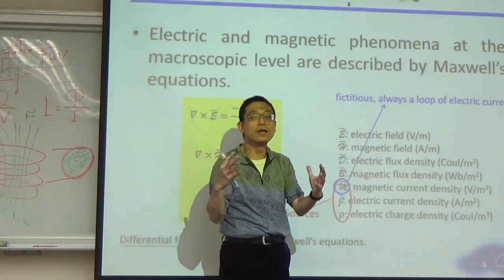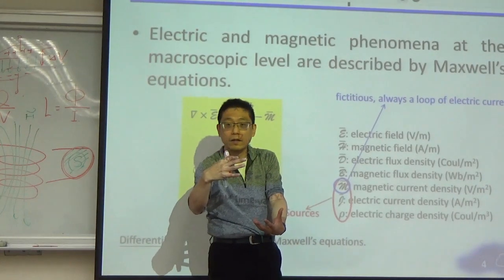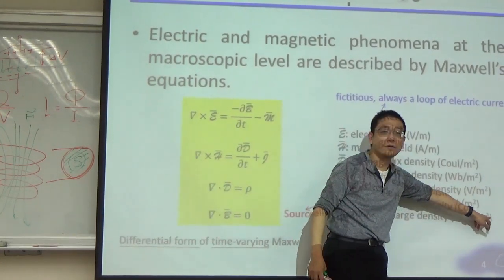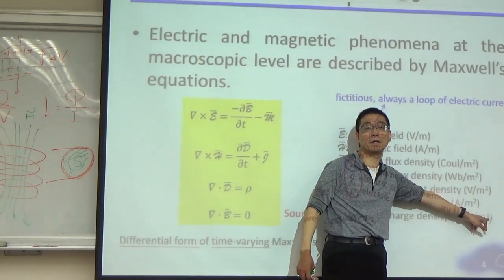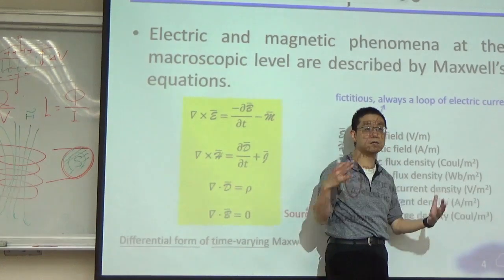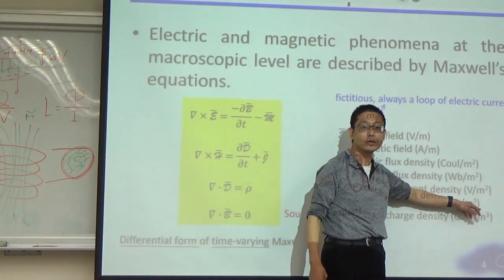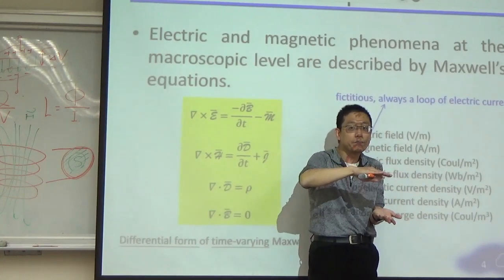How many charges in the space, in the volume? Understand? Divided by m cubed. The power 3 means it is a volume, but if you divide by the power 2, it means it's a surface.